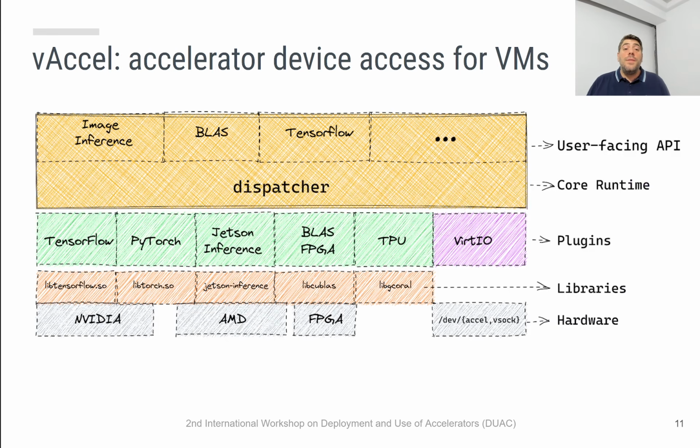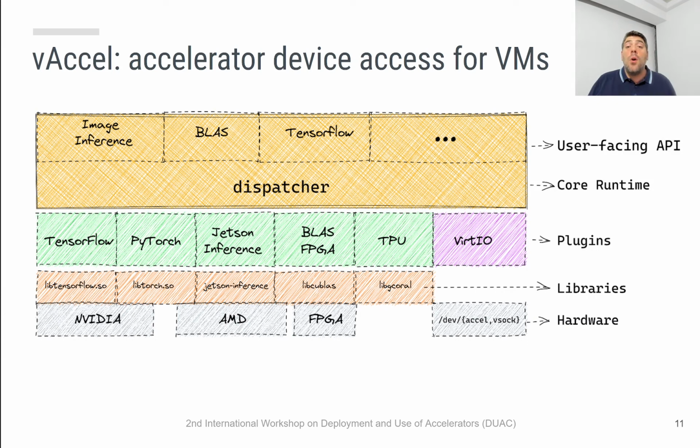In this figure, we show the full software stack of VAccel. On the top part is the user-facing API. At the moment, we have image inference API. We have a subset of the BLAS framework as API calls. We have a small subset of TensorFlow. And we also have a user extensible API mode, which we will talk about later.